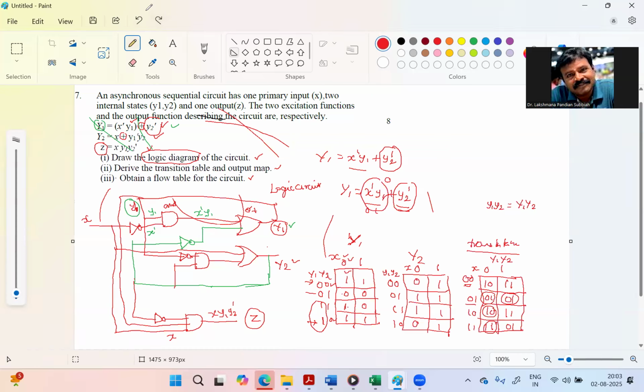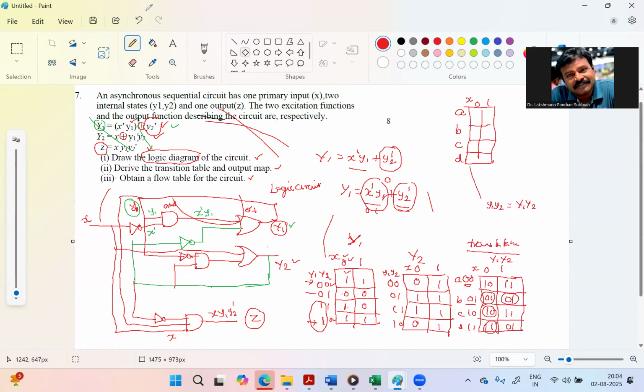How do you draw the flow table? You have to give the names. So this is A, this is B, this is C, this is D. So we are giving that value, right? So that binary value is going to map into a label. So the labels are A, B, C, D. So input X is here, X 0, 1. Then directly, instead of the value, you put the label.